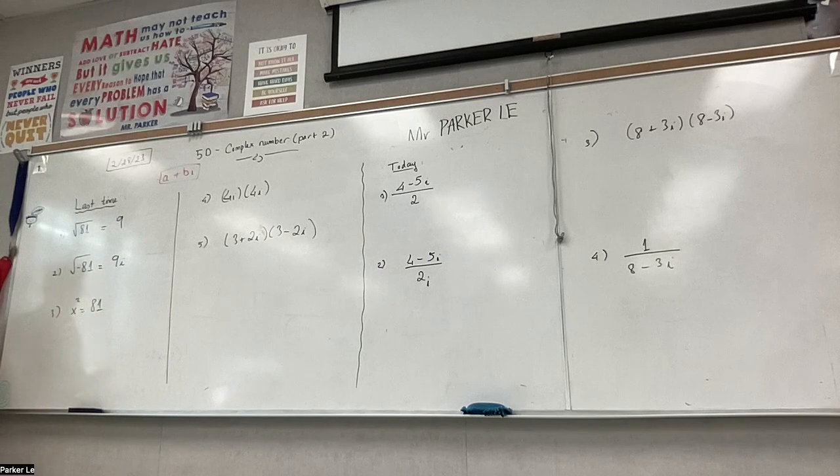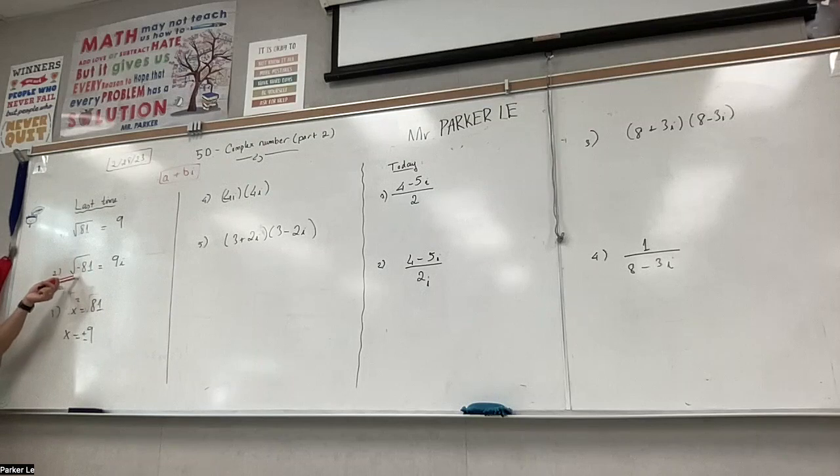What can you do to get rid of the square? Taking the square root, right? So x is the square root of 81, which is 9. But is this my final answer? Plus minus. Did you see the difference? This one is the square root of positive 81, you have 9.